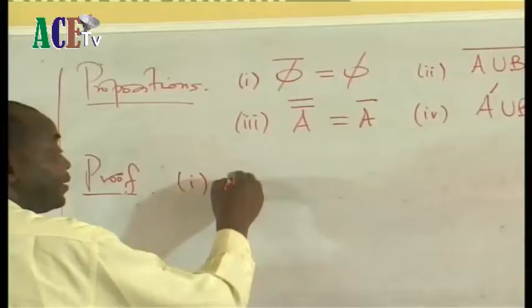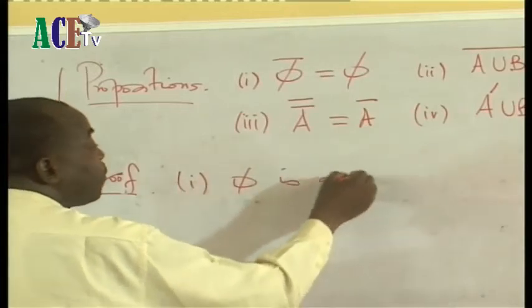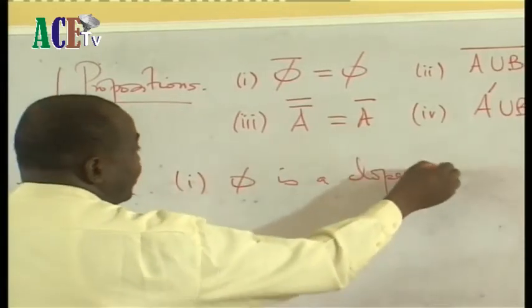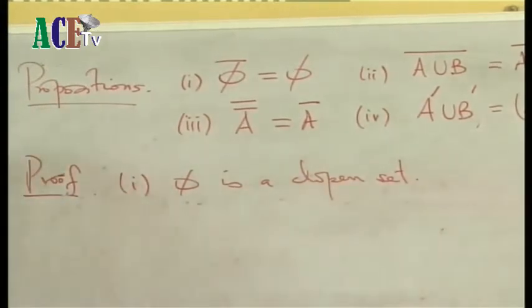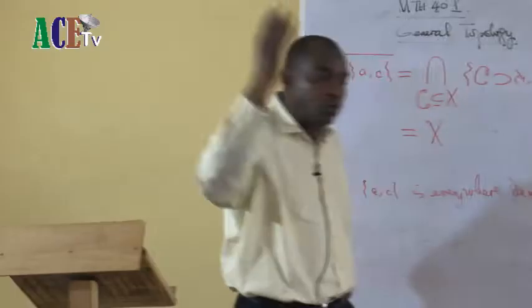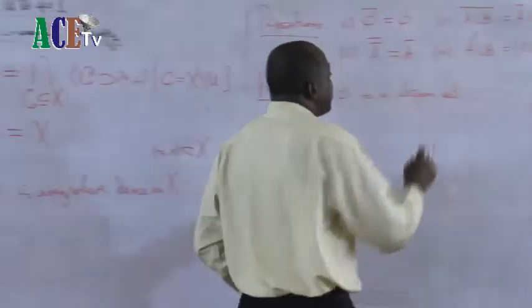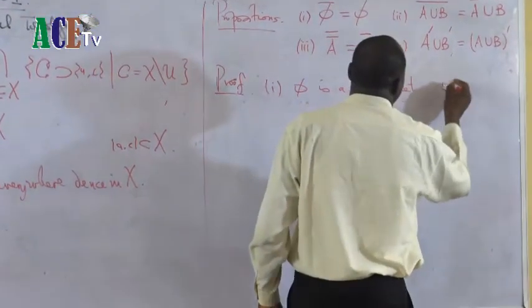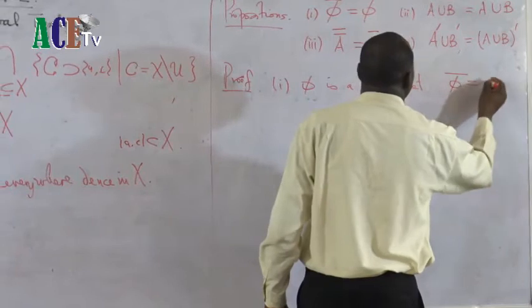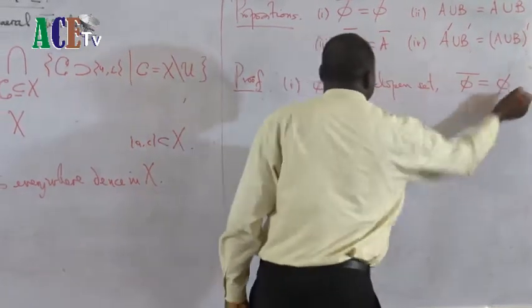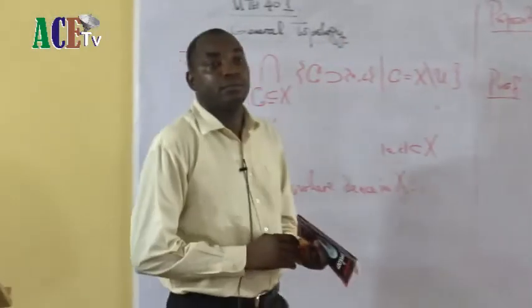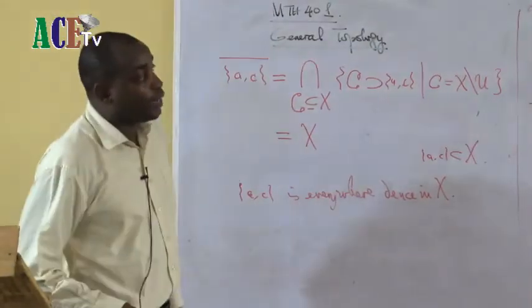An empty set is a clopen set. It is both closed as well as what? Open. Therefore, you can simply draw the conclusion straight away that the closure of an empty set is itself. You need no further argument.